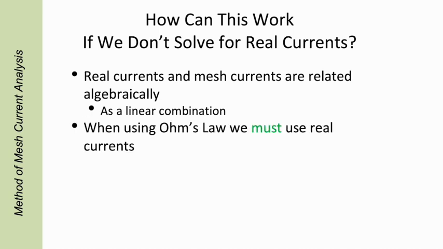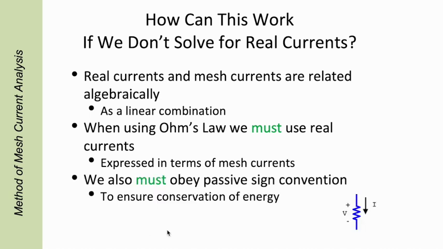Now, a couple notes that you'll see come into play. When we're using Ohm's law, we must use real currents. Those will be expressed in terms of our unknowns, which are the mesh currents. We must also obey passive sign convention to ensure conservation of energy, and this graphic here illustrates passive sign.